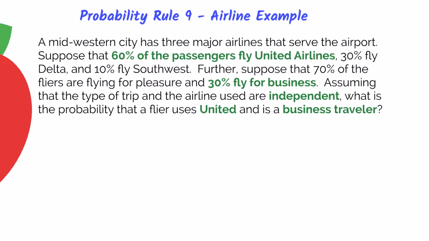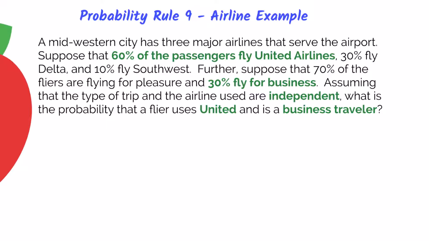A Midwestern city has 3 major airlines that serve the airport. Suppose 60% of passengers fly United Airlines, 30% fly Delta, and 10% fly Southwest. Further, suppose that 70% of the flyers are flying for pleasure and 30% fly for business.